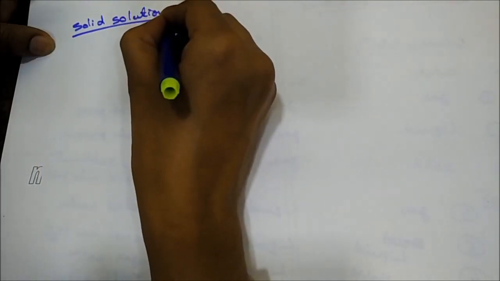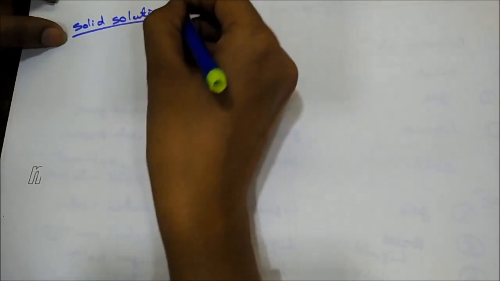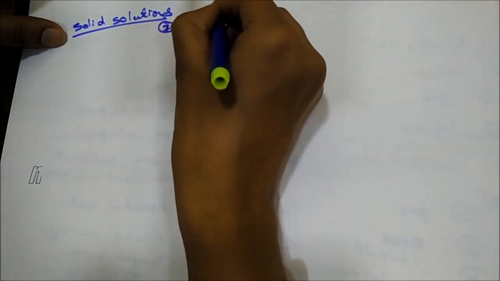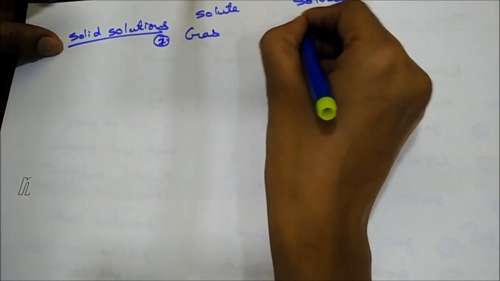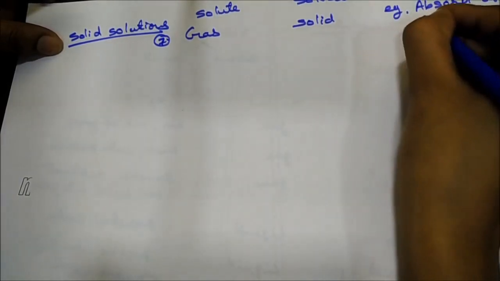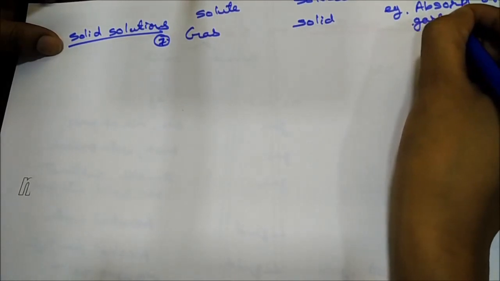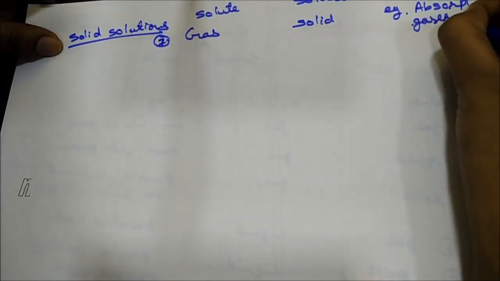Here, seventh is gas as our solute and the solvent is solid. We can take example of absorption of gases over solid.